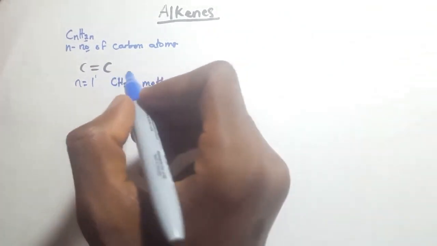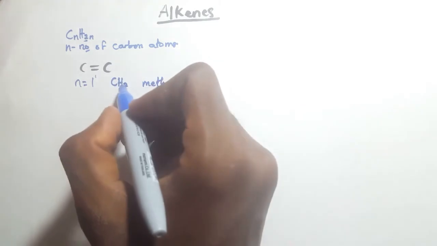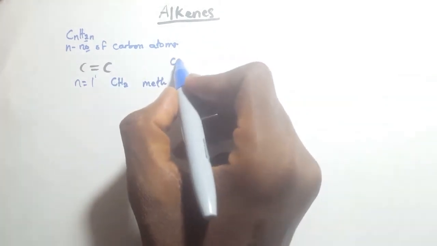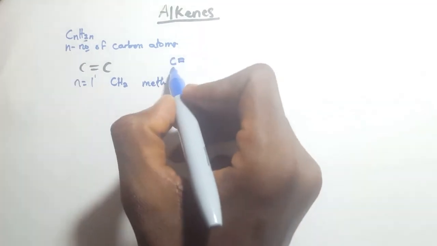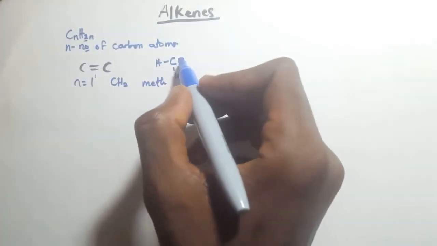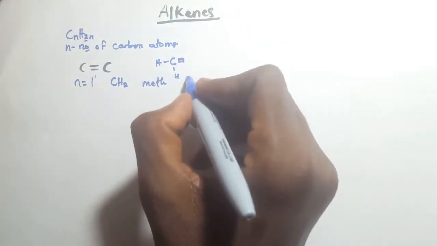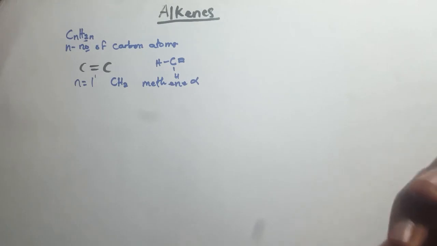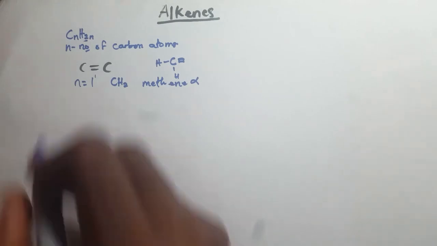I've explained that you can't have CH2 because it's going to be C double bond, then H here, and another H here, which is not complete. You need another one. So this does not exist. Methane does not exist.